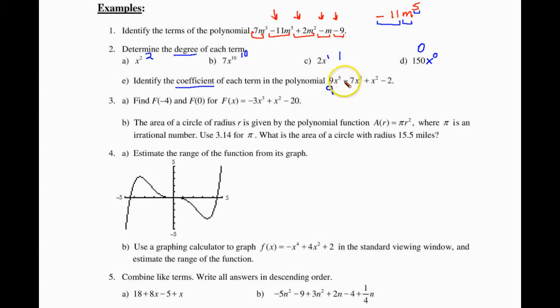And this term, and you have to include the sign, -7. Now once again, if there is no number in front of a variable, there's a 1 there. So the numerical coefficient of this is a 1. And how about this one? Well, there's no variable, but the numerical coefficient is there. It's just our constant.